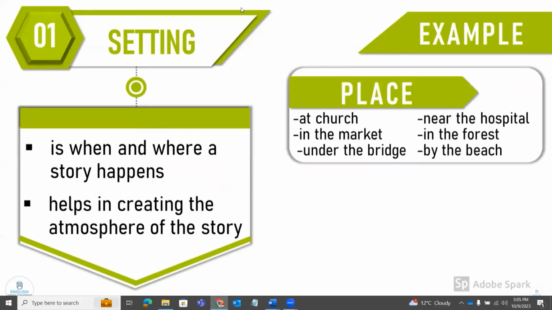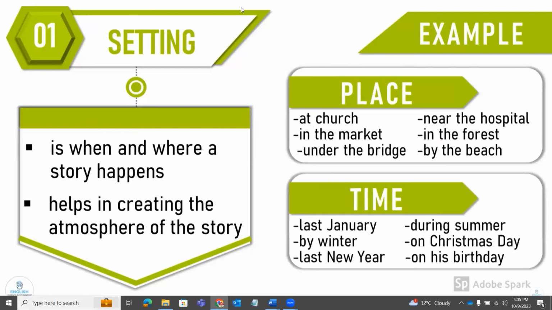Example: underplays are at church, in the market, under the bridge, near the hospital, in the forest, and by the beach. While under time are last January, by winter, last New Year, during summer, on Christmas Day, and on his birthday.